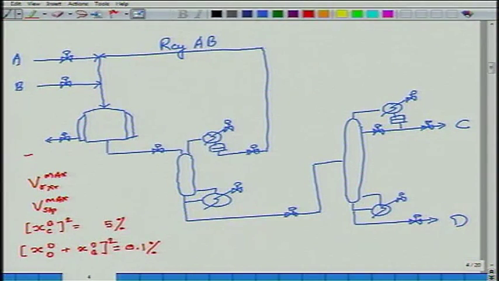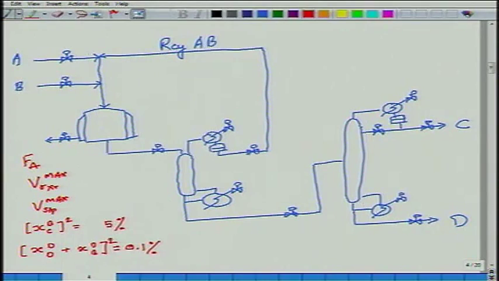Okay. Feed rate of A. So, 5 things are taken care of. I am left with 2 unconstrained degrees of freedom, and what we said was those 2 unconstrained degrees of freedom are reactor temperature and B composition in the reactor, right.